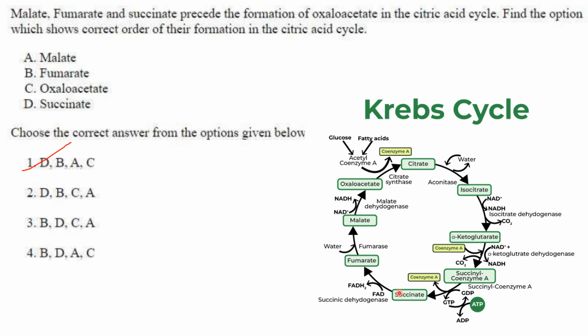You have to find the order until oxaloacetate. So here if you see the cycle, it is first succinate, then fumarate, then malate and then oxaloacetate. So the answer here will be D, B, A and C. Answer is option 1.